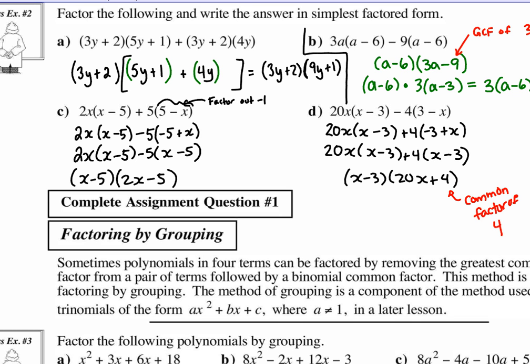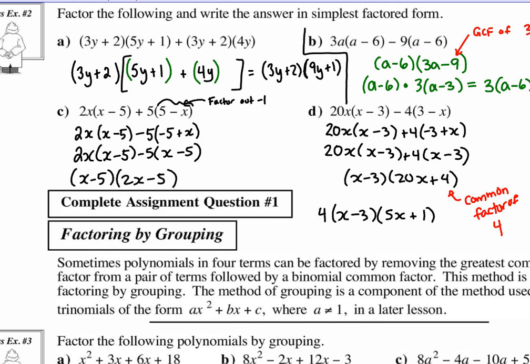Okay, we can divide both of those by 4. Where do we put that 4? Up front. Good. x minus 3 stays. So 20 divided by 4? 5x. And what's 4 divided by 4? 1. Thank you.